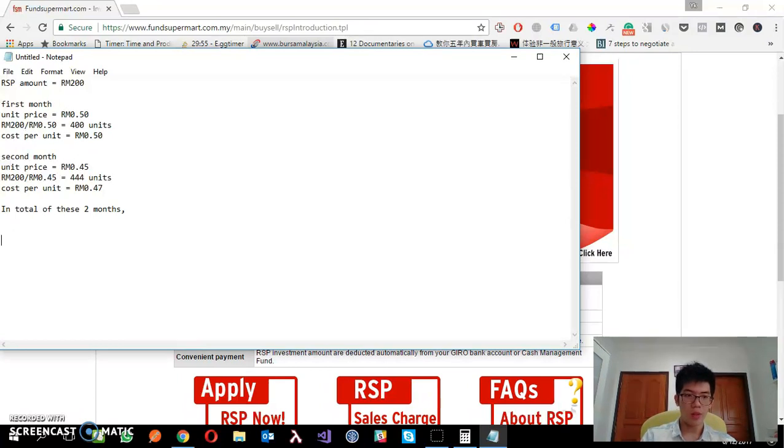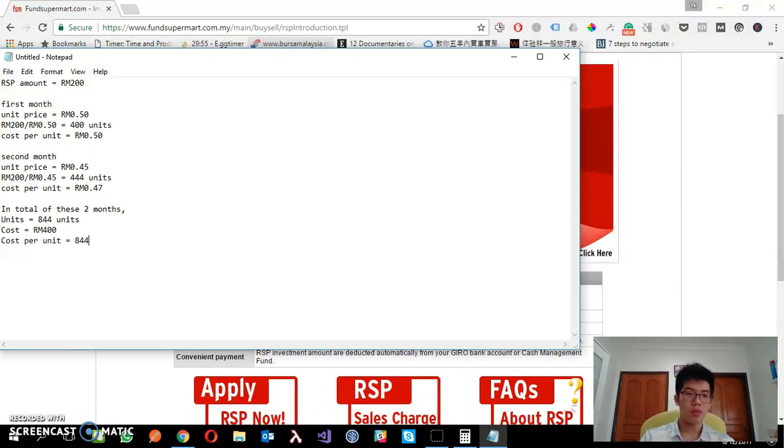how many units do we have now? It's actually 844 units. So how much have we invested, which is our cost? It's actually 400 since it's 2 months already. So what is the cost per unit in this case?